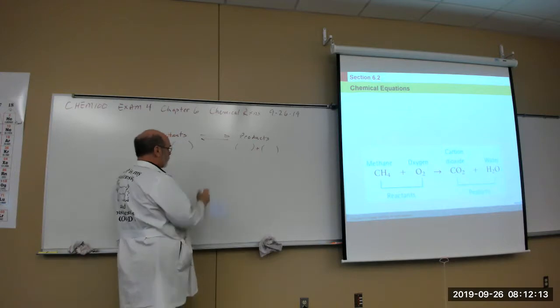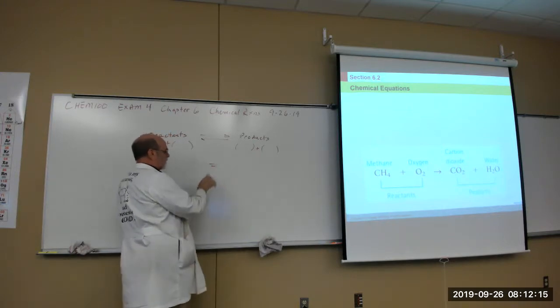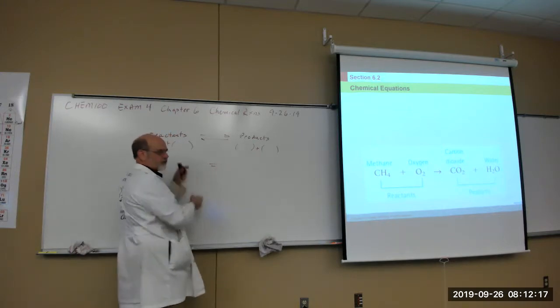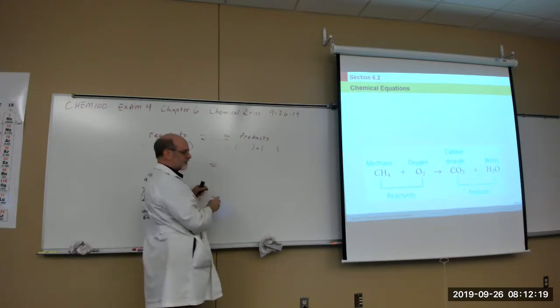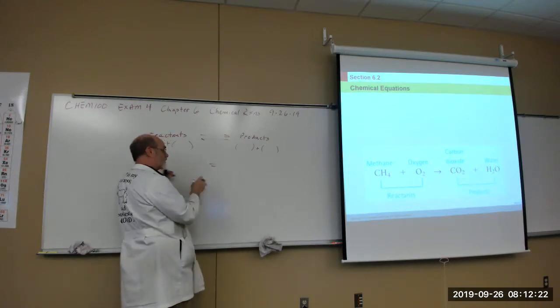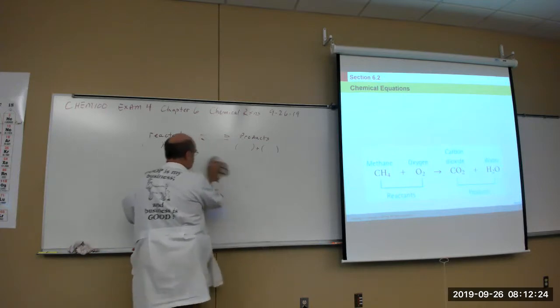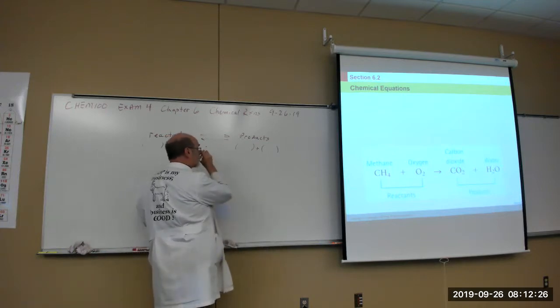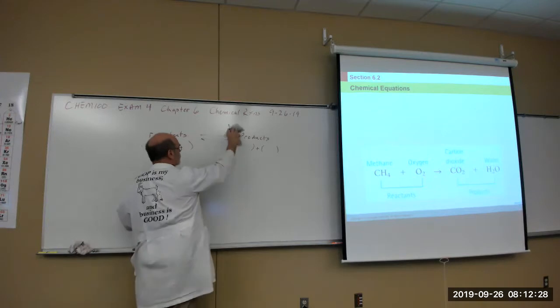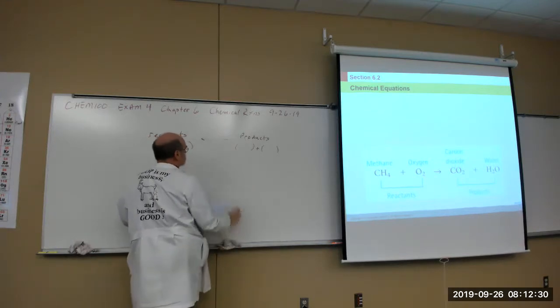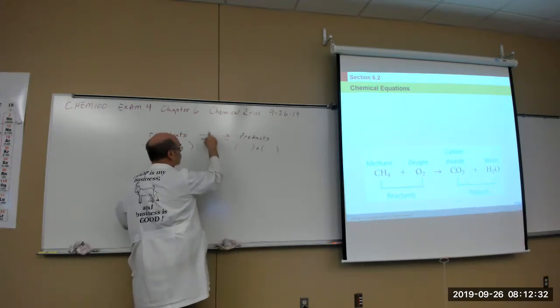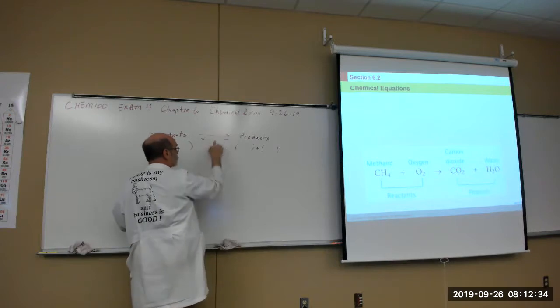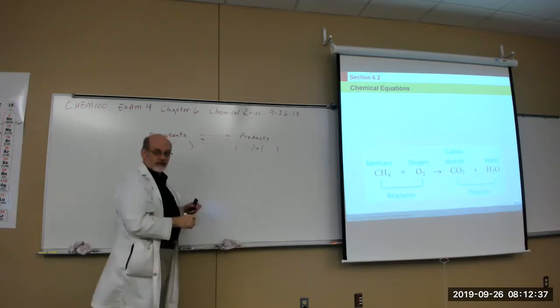And the reason we do that, rather than the equal sign, is that you don't know which way is which. It doesn't say one side's products and one side's reactants. So we use two arrows, and sometimes we indicate things that are taking place in one direction, and what happens when you go the other direction.